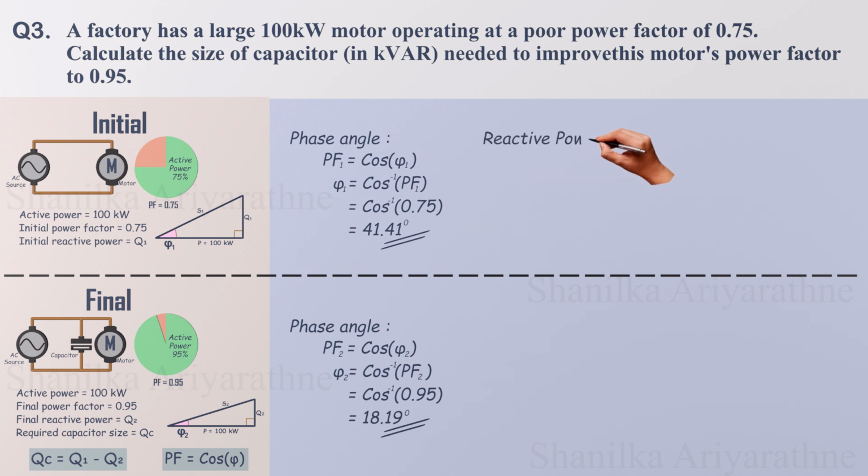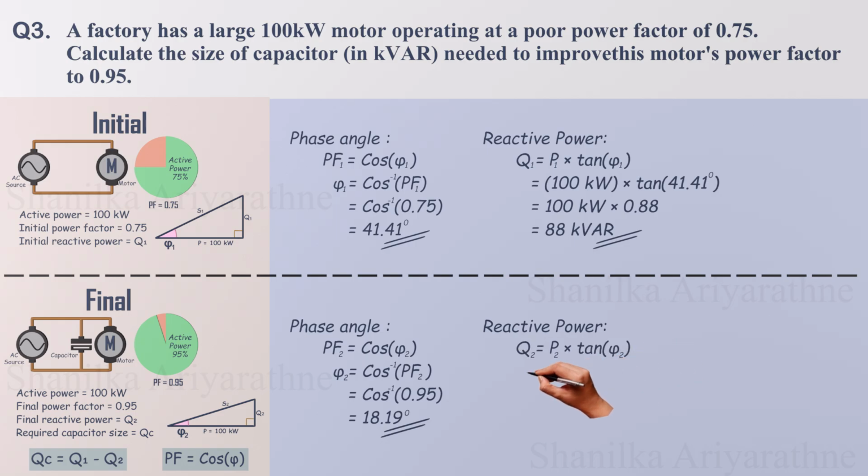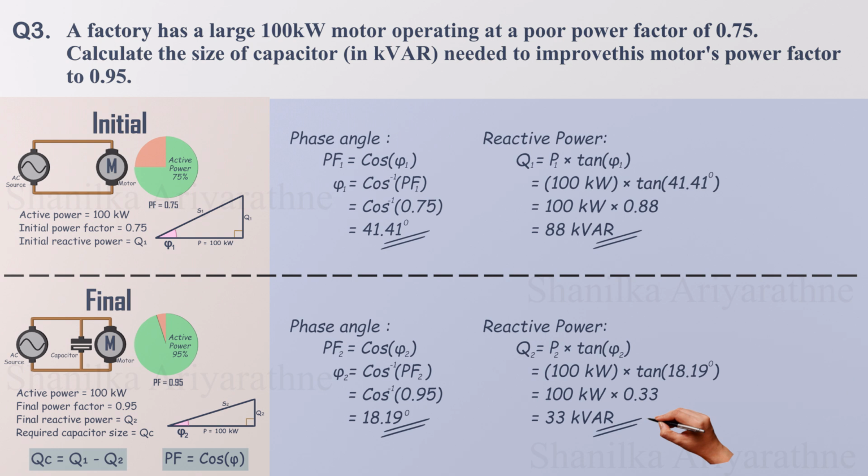Let's calculate the initial reactive powers for both cases. Q1 is 88.2 kilovolt amperes reactive. This represents the reactive power currently consumed by the motor. Q2 is 32.9 kilovolt amperes reactive.